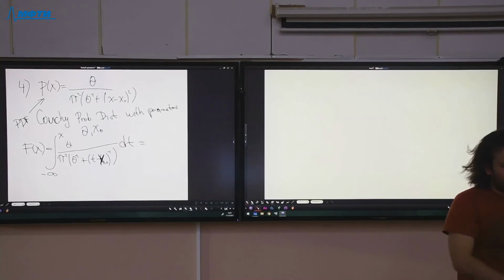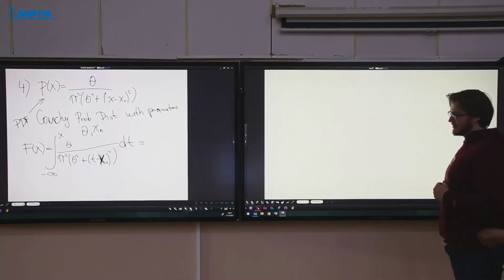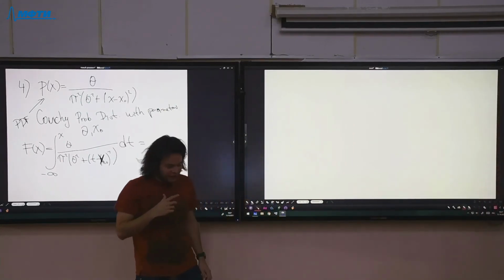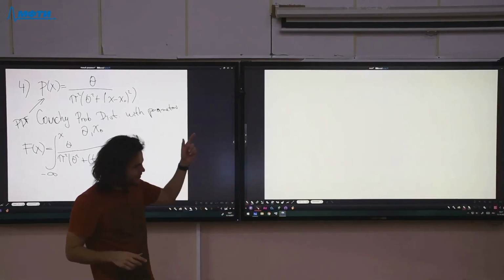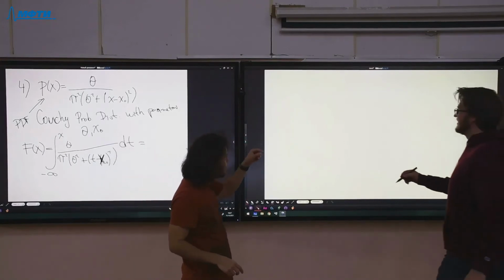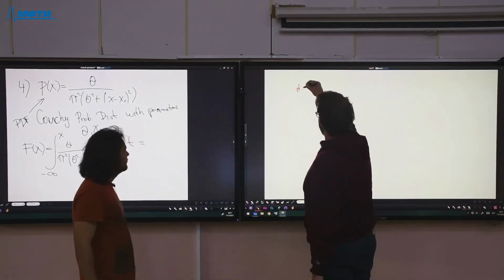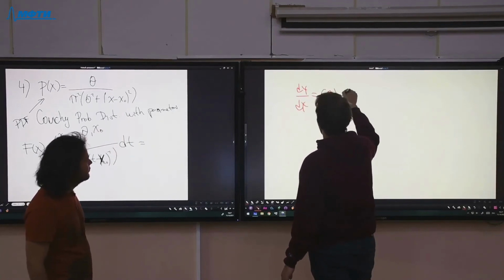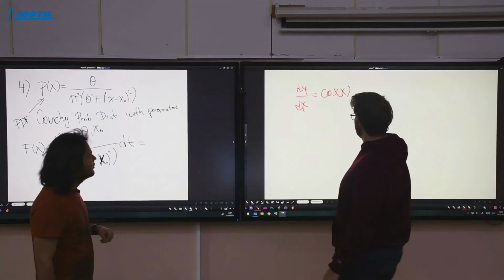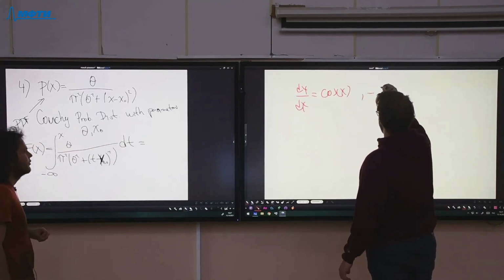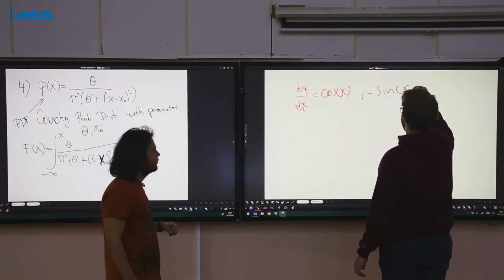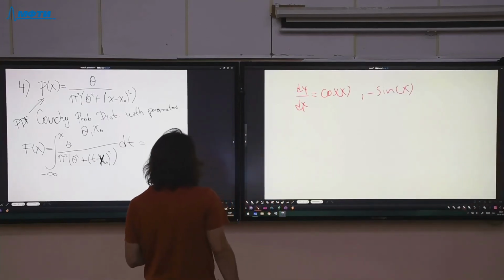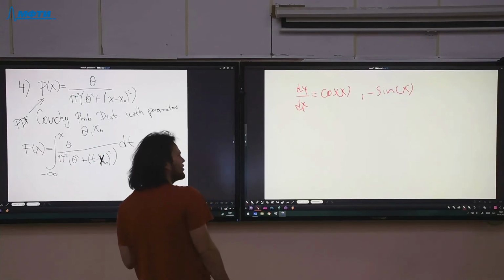Okay, but before that, I just need all of you to know what is the derivative of sine. Seriously, the derivative of sine. So d over dx of sine is going to be cosine. Of cosine, it's going to be minus sine. Of tangent, in English is tangent, right?